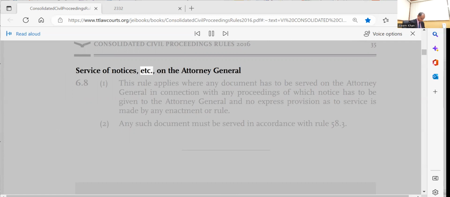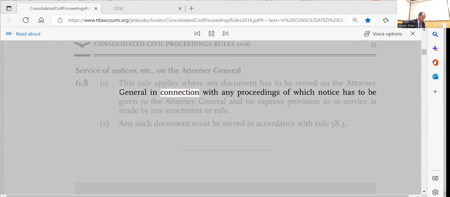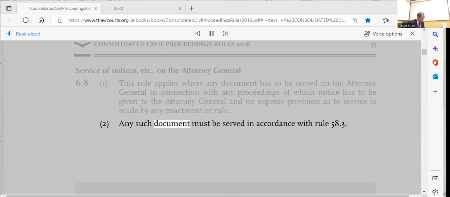Service of notices, etc., on the Attorney General. 6.8 (1) This rule applies where any document has to be served on the Attorney General in connection with any proceedings of which notice has to be given to the Attorney General and no express provision as to service is made by any enactment or rule. (2) Any such document must be served in accordance with Rule 58.3.